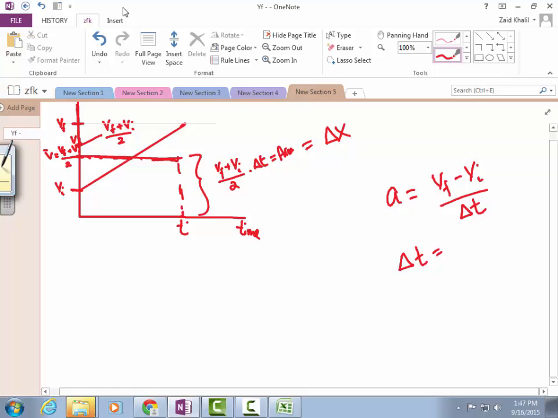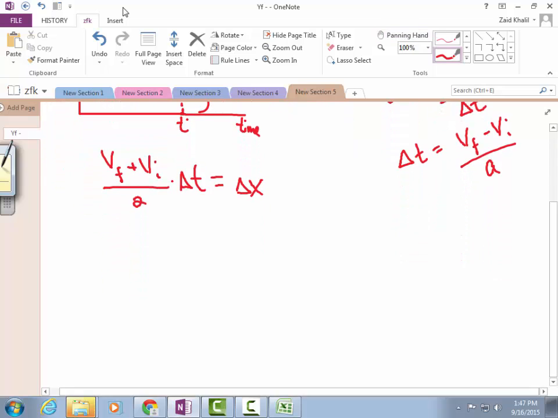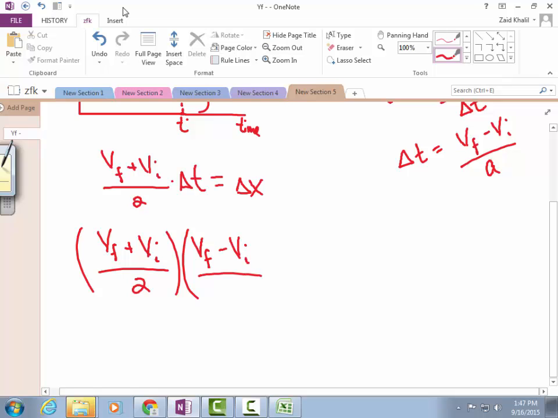We have delta t is equal to (VF minus VI) over A. So what do I have here? I have that (VF plus VI) over 2 times delta t is equal to delta x. I'm going to plug in for delta t. What do I get? I get (VF plus VI) over 2 times (VF minus VI) over A equals delta x.